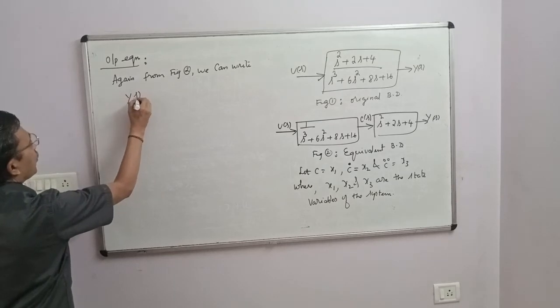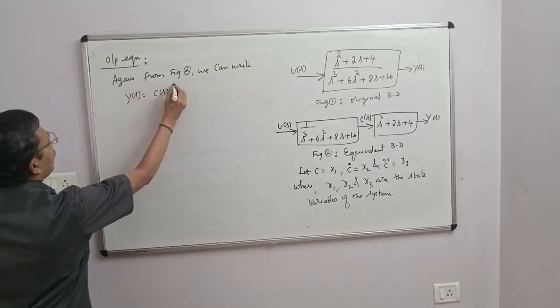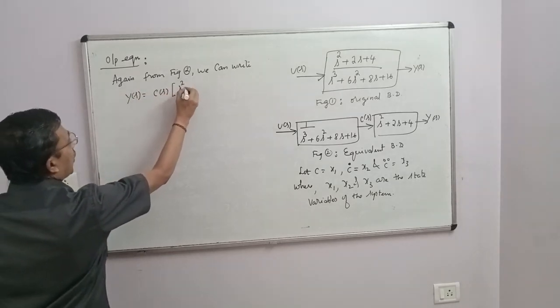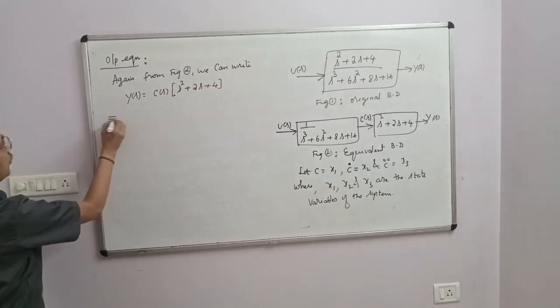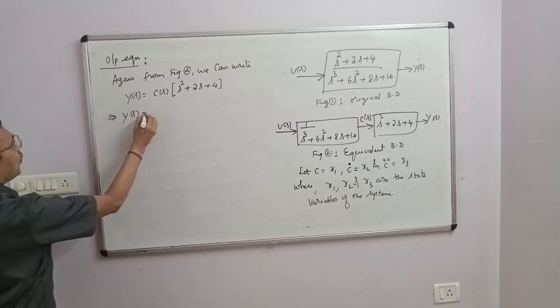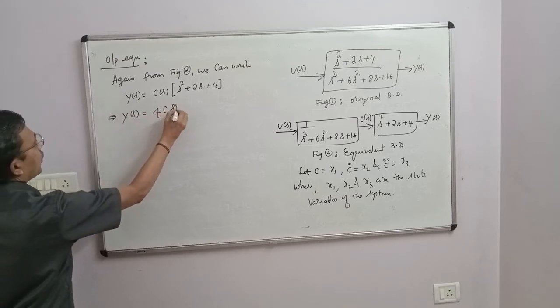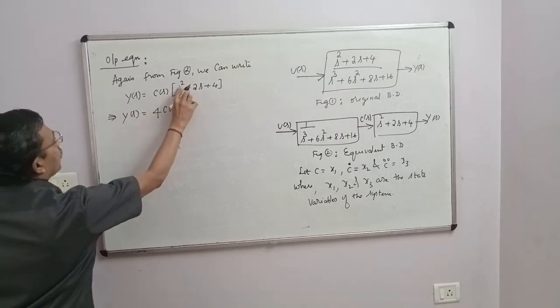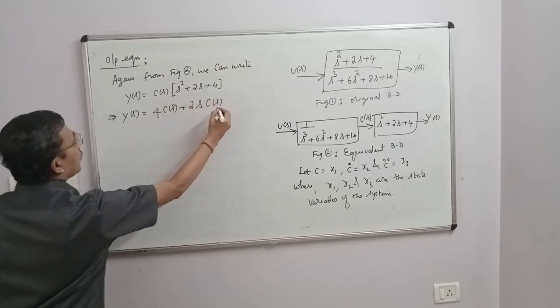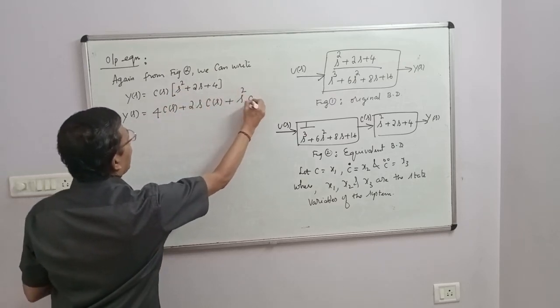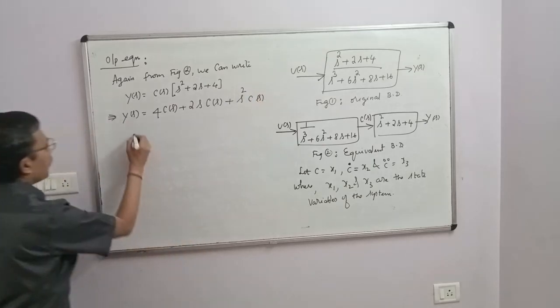y of s is equal to c of s multiplied by s square plus 2s plus 4. This implies y of s is equal to 4 times c of s plus 2 into s into c of s plus s square into c of s.